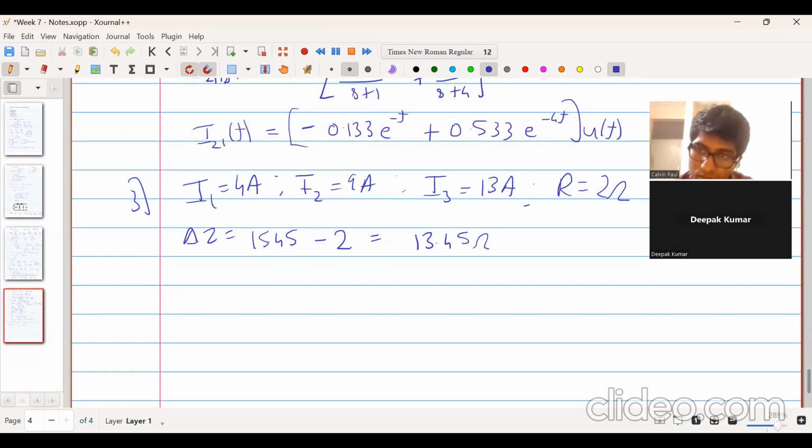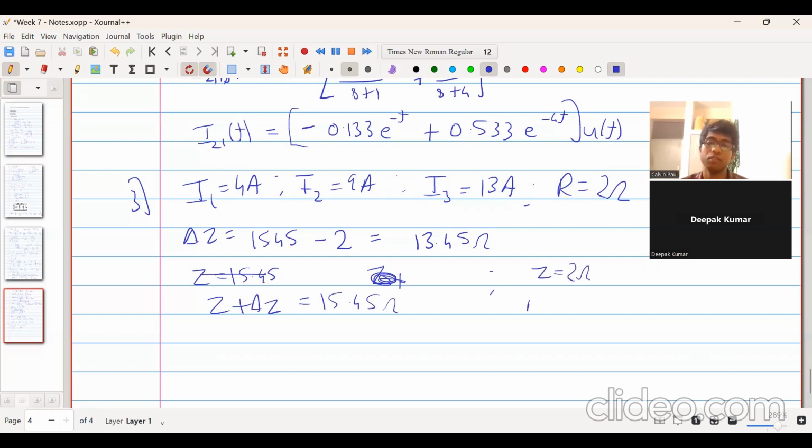Currently the impedance is 15.45, but the change in impedance is 13.45 ohm. Z plus delta Z is 15.45 ohm. Z initially was 2 ohm. So delta Z is 13.45 ohm.